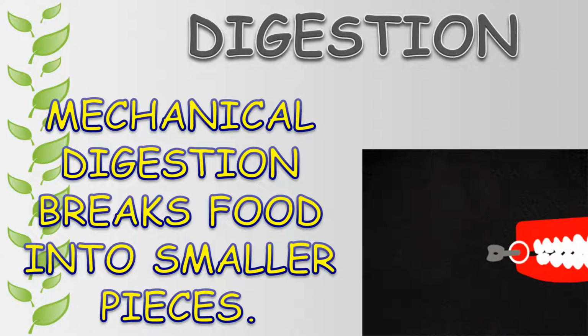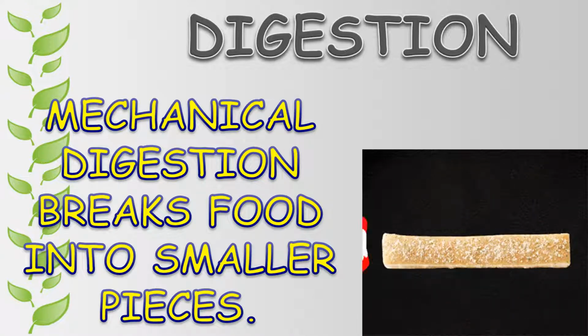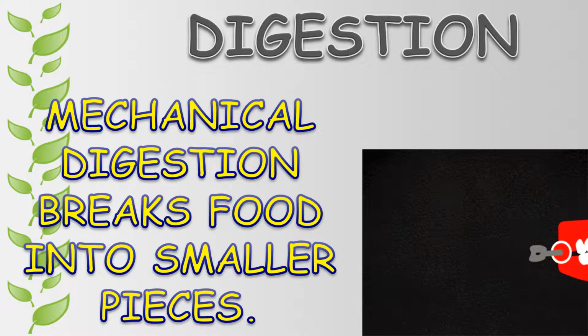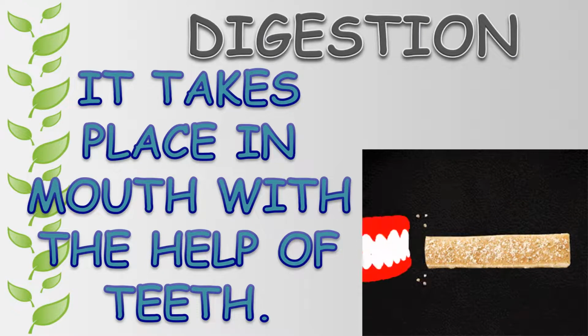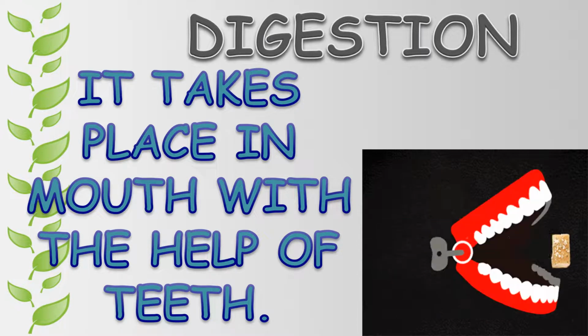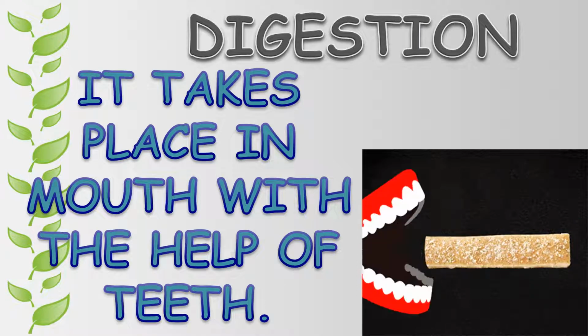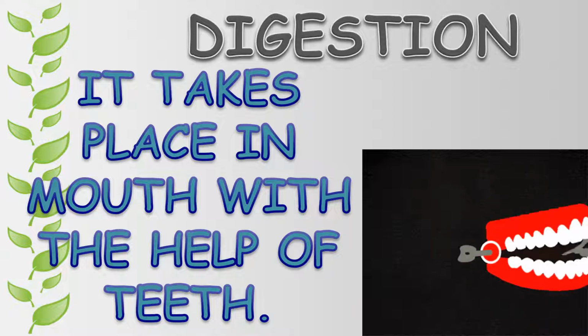Mechanical digestion is the physical breaking down of food. It breaks food into smaller pieces. It takes place in mouth with the help of teeth. We chew the food with the teeth and break it down mechanically into smaller pieces.